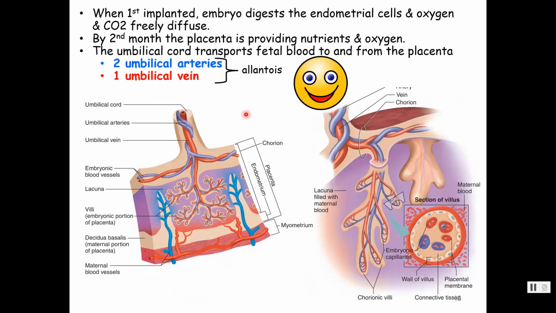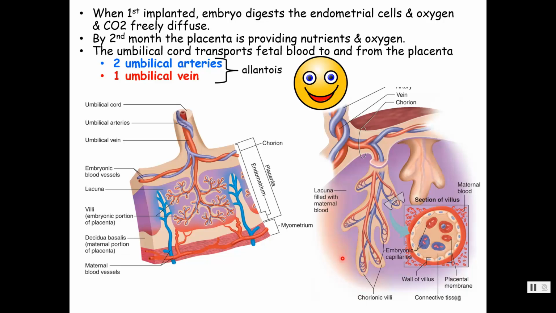So when the embryo first implants, it's going to get its nutrients basically from the endometrial cells, and oxygen and carbon dioxide can freely diffuse because the embryo is tiny. By the second month, the placenta is providing those nutrients and that oxygen. So take a look right here. This is just showing a cross section. Out here is the maternal side, and think about it like sinusoidal capillaries.